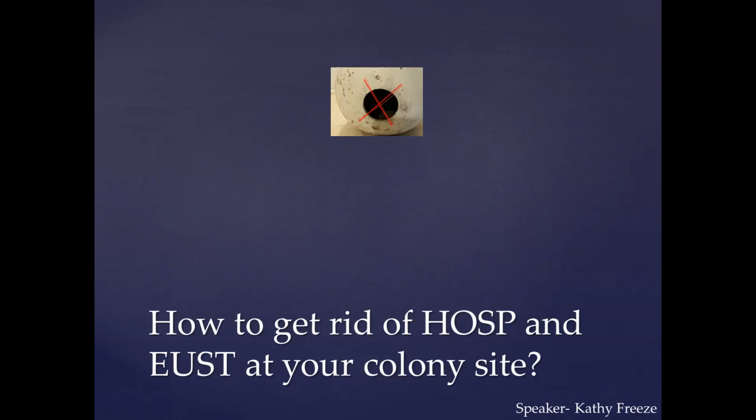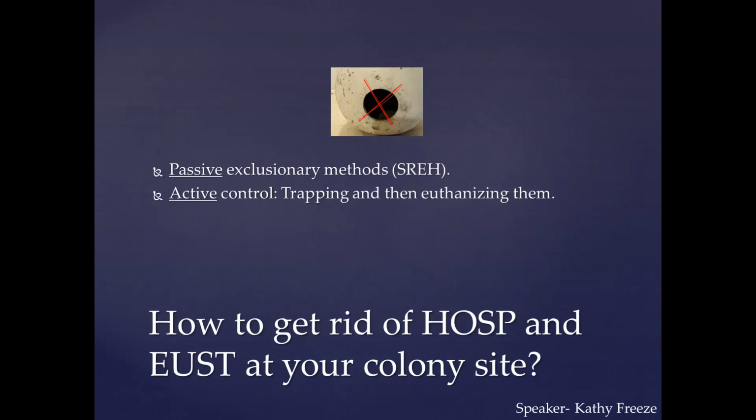Okay, good. So how do we get rid of house sparrows and European starlings at a colony site? Boy, there's such a variety of methods. The passive exclusionary method is the SRE, the starling resistant entrance hole. Again, that works just for starlings. It will not work for house sparrows.